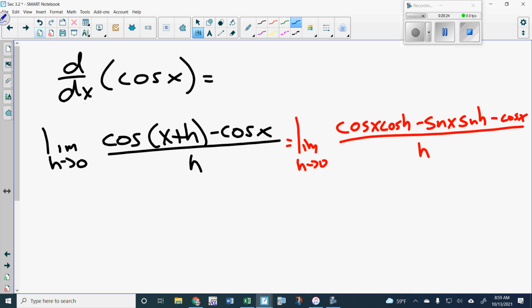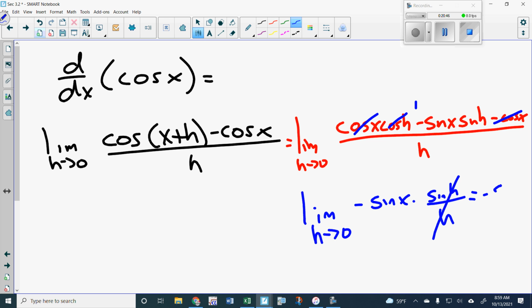The sign stays the same for sine. The sign for cosine switches. That's how I remember it. So notice here, once again, as h goes to 0, what is cosine of h? 1. So that's 1, and then I get cosine and cosine, so those cancel. I'm left with the limit as h goes to 0 of minus sine of x times sine of h over h, which is 1, and that is minus sine.